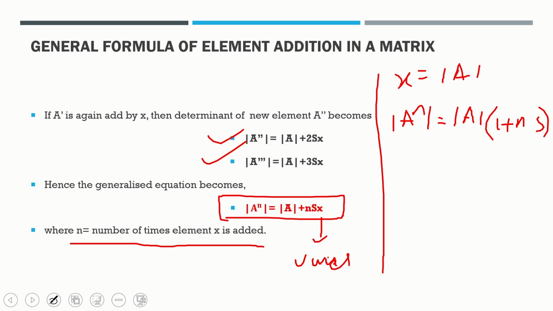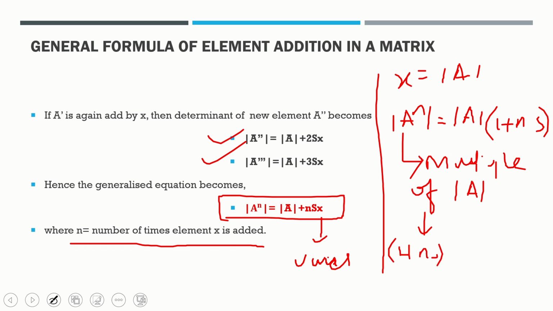Okay, you will come to this point. So this is a multiple of determinant a and 1 plus ns is its factor. 1 plus ns, okay, 1 plus ns is its factor.